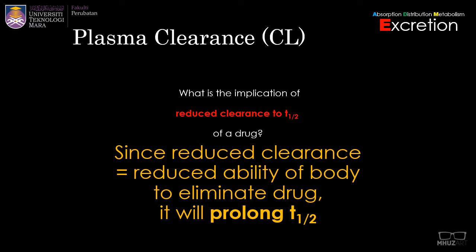Therefore, the slope of our plasma concentration versus time curve will not drop at a faster rate, or it will be more prolonged. So because of this, a reduced plasma clearance is usually associated with a more prolonged half-life.